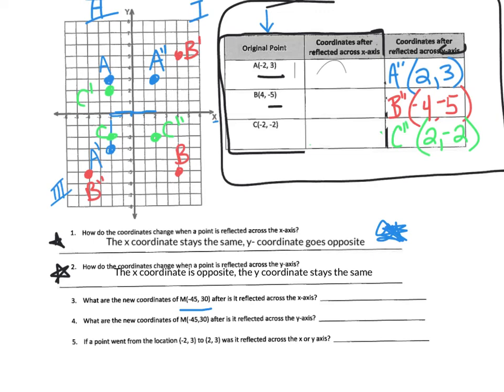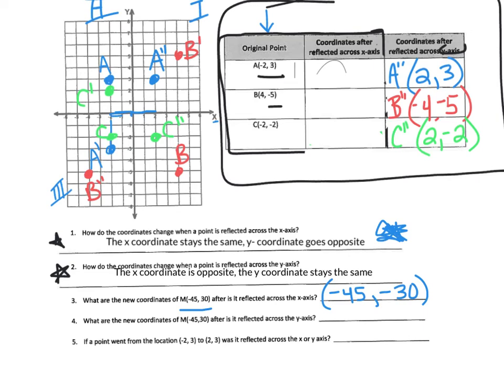Point M is at -45 for its x-coordinate, and it has 30 as the y-coordinate. So we want the opposite of that, which would be -30.